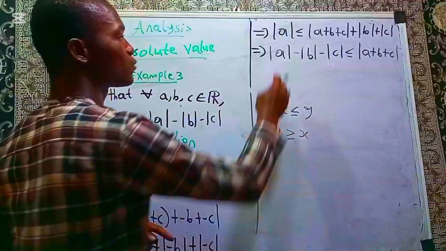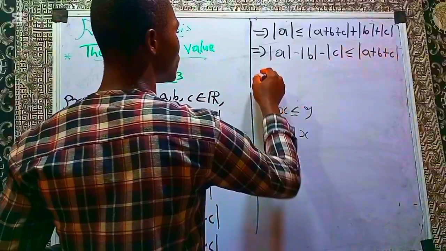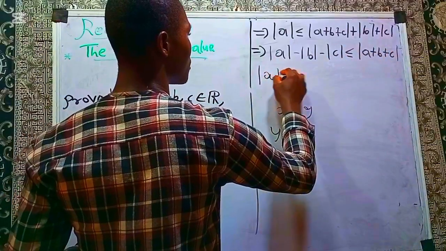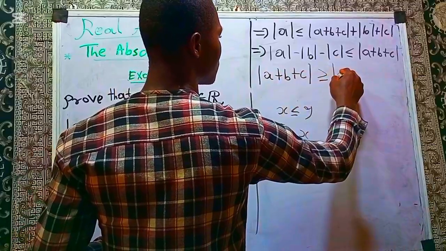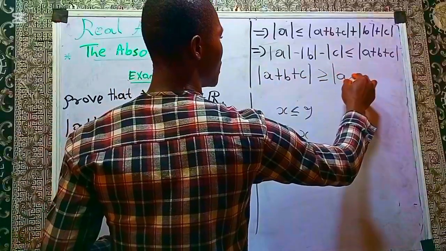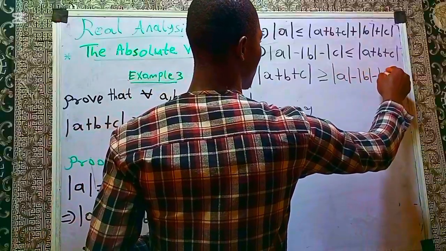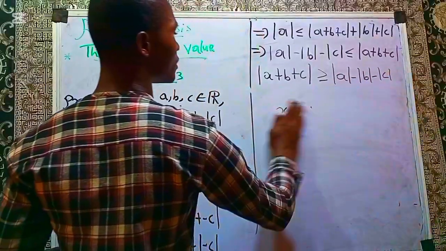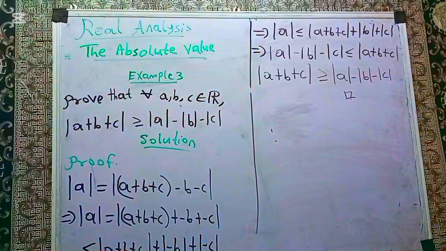X. So if this quantity is less than or equal to this quantity, then the last quantity, which is absolute value of a plus b plus c, will be greater than or equal to absolute value of a minus absolute value of b minus absolute value of c. So with this, we have actually completed the proof of this question.